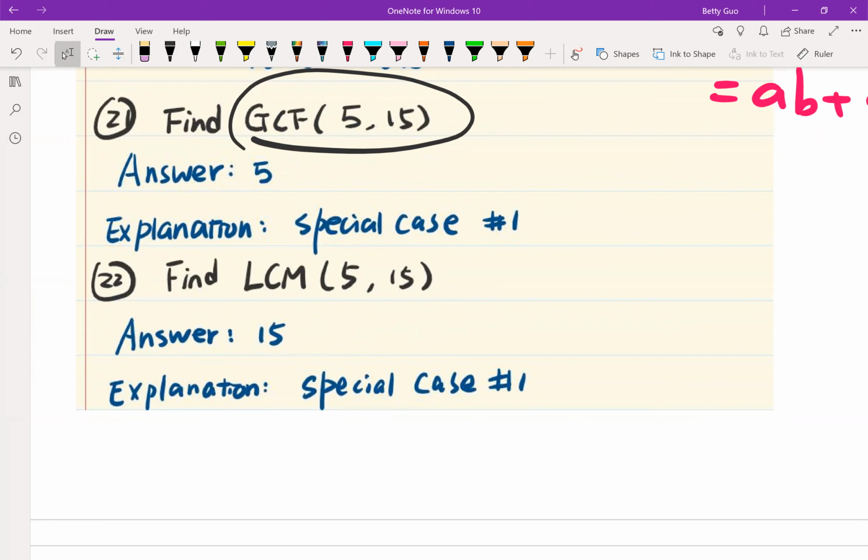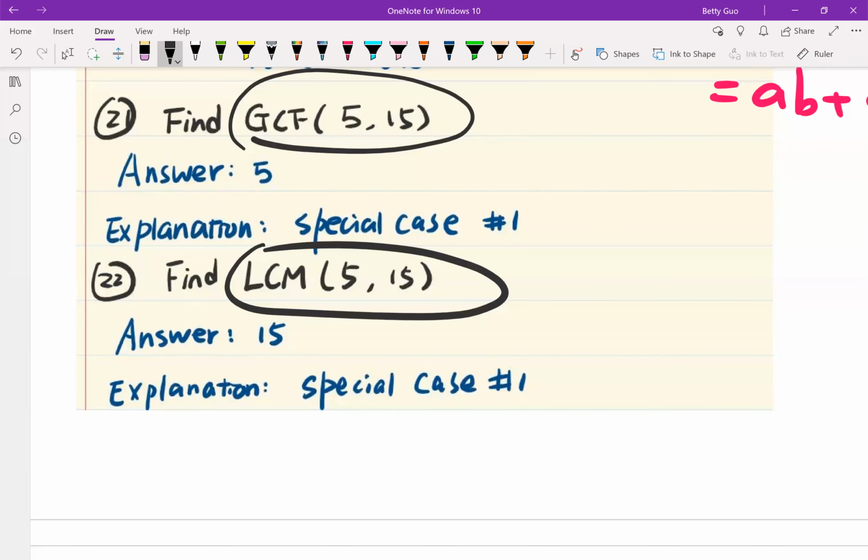So in special case number 1, the GCF is the smaller number. LCM is the bigger number. All right? So number 21, GCF of 5 and 15 is the smaller number, 5. LCM of the two numbers is 15. Okay, special case number 1.